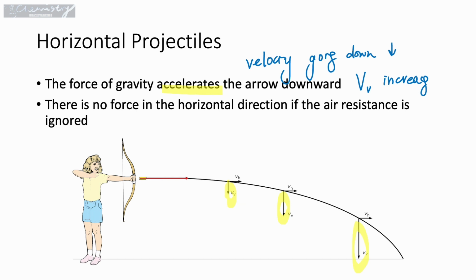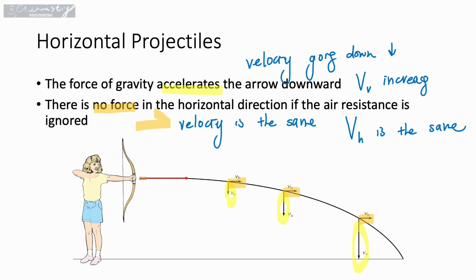The second portion of this entire graph is the horizontal direction. In this horizontal motion, there's no force in the horizontal direction if we ignore the air resistance. That means that the velocity is the same, because there is no force. So the velocity of the horizontal motion is the same, and this is represented by the same size arrow going from left to right.